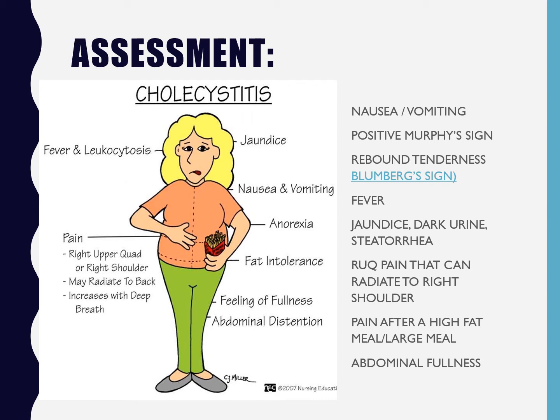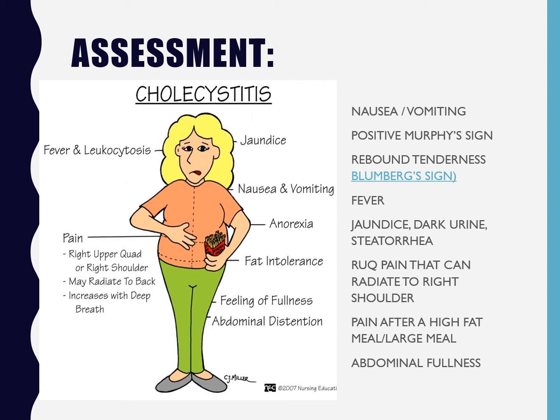Now, who can tell me what a positive Murphy sign might be? Okay, I'll pick you. What is a positive Murphy sign? Well, a nurse or a doctor will press subcostally on the right-hand side of somebody, meaning they will take their fingertips and push right up under the right rib cage, and they're going to ask their person to take a deep breath.